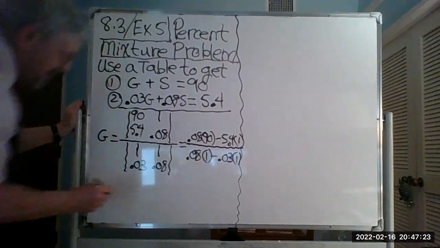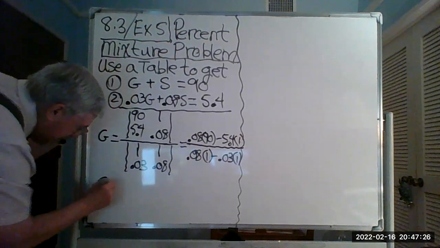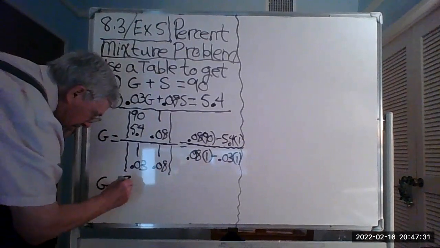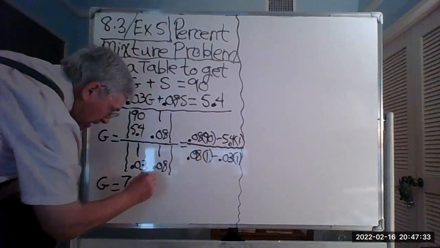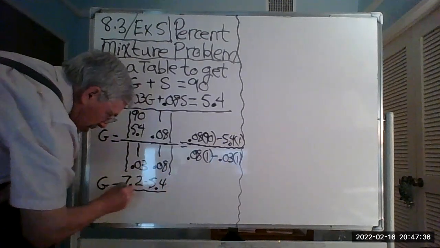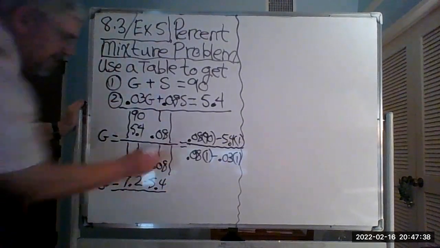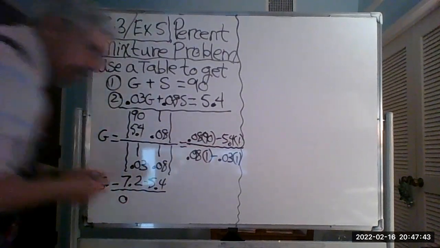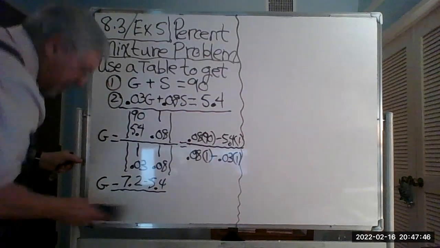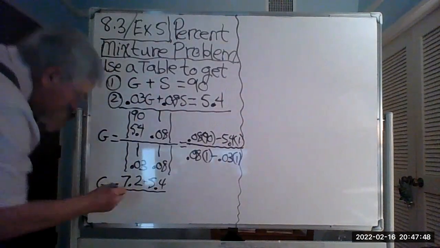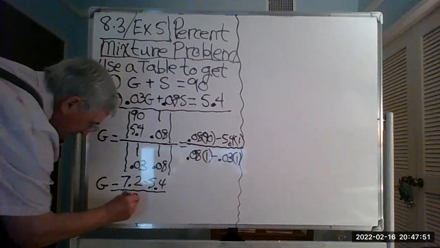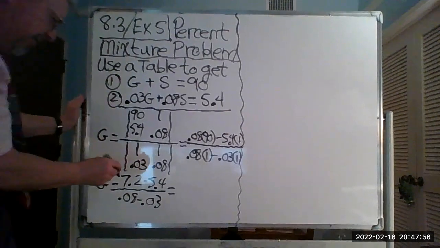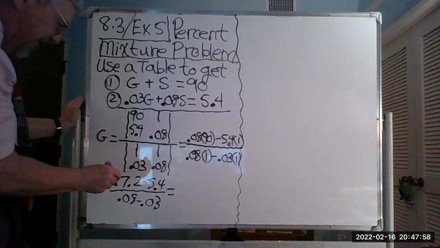So G is going to be, on top I get 7.2 minus 5.4, all over 0.08 minus 0.03. Excuse me, not 0.8. It's 0.08 minus 0.03.